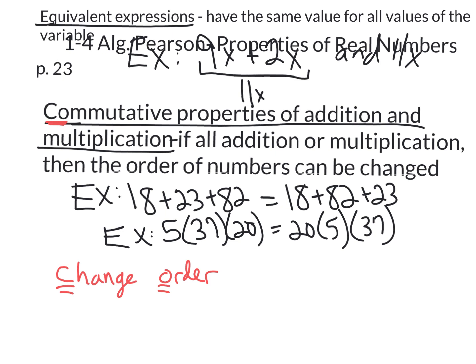A way to help you remember the commutative property, I heard once somebody said, if you look at the first two letters in commutative property, it is CO, change order. Okay, so commutative property, we can change the order of the numbers. Another way to think about commutative property, if you commute, commuting you might think of as driving back and forth from one place to another. So they talk about people commuting to work.